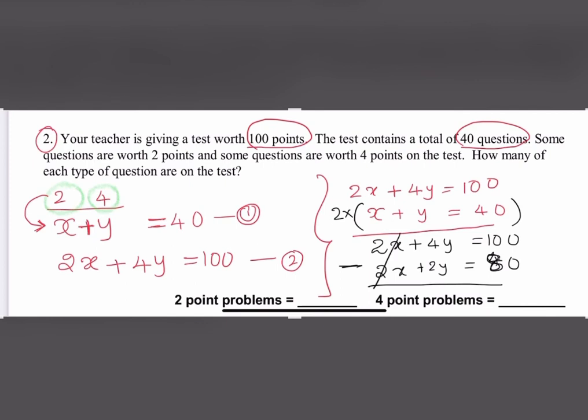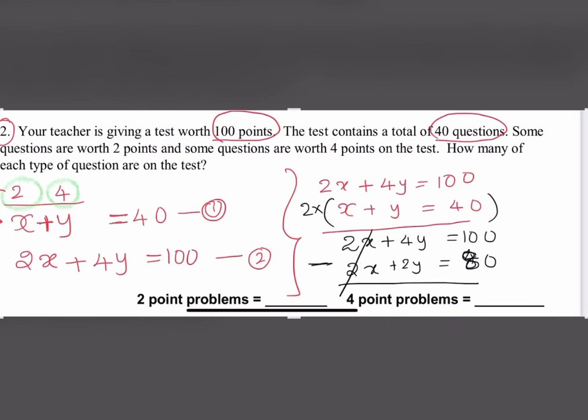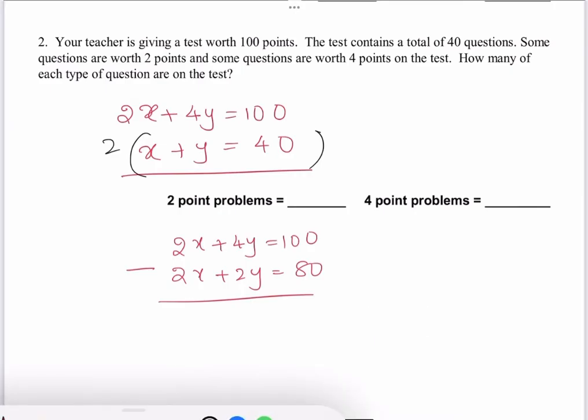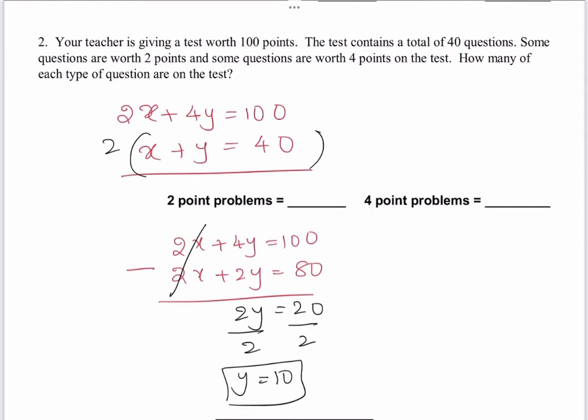Now I'll subtract and eliminate this. If you eliminate this, then you will get 4y minus 2y equals 2y, and 100 minus 80 equals 20.